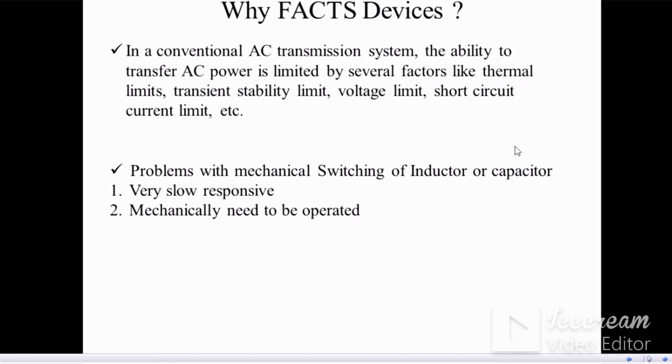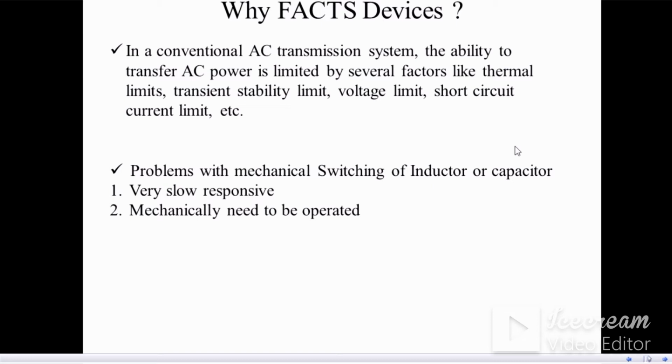Moreover, when they are operated mechanically through the operator, they are quite slow in response, and when they respond, the entire system undergoes a rapid abrupt change in parameters like voltage and current. These parameters are not smooth, not in sinusoidal fashion as compared to the previous conditions. So these were the major disadvantages of using the traditional method like mechanical switches for operating these capacitors and inductors.